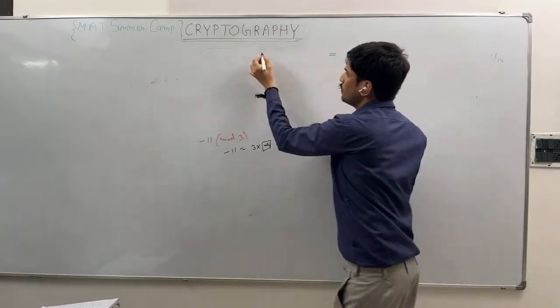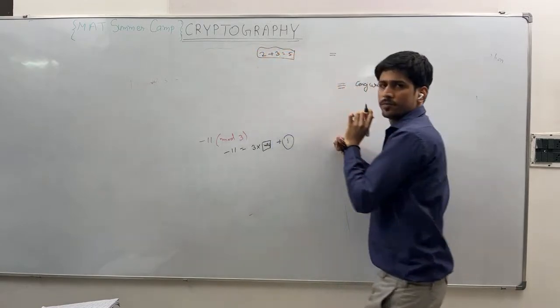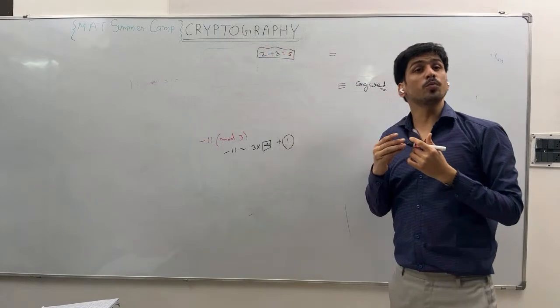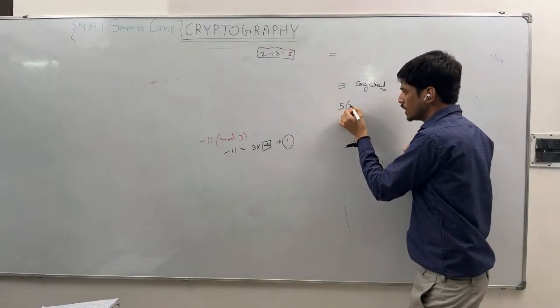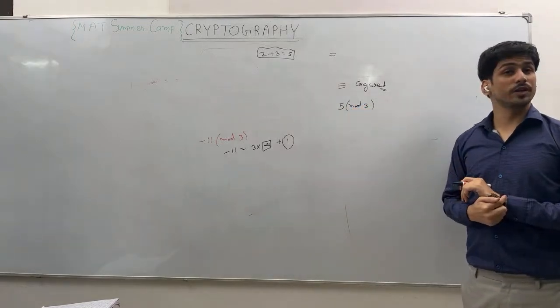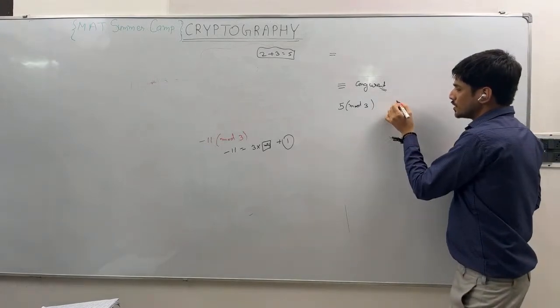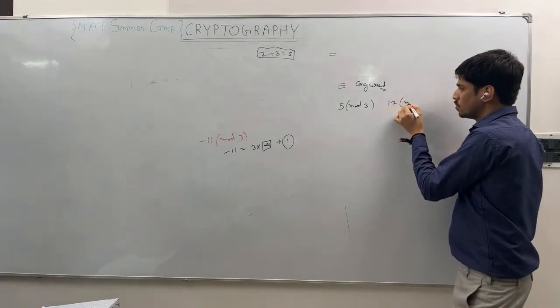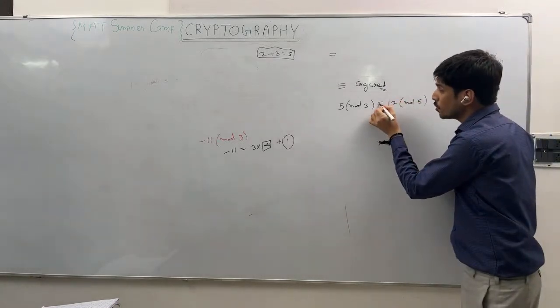Because when I'm adding, 2 plus 3 equals 5. But here there are more possibilities. When I'm dividing, let's say 5 mod 3, what is the remainder? 2, right? Similarly, if I divide 12 mod 5, what is the remainder? 2. But this time we use the congruent sign.